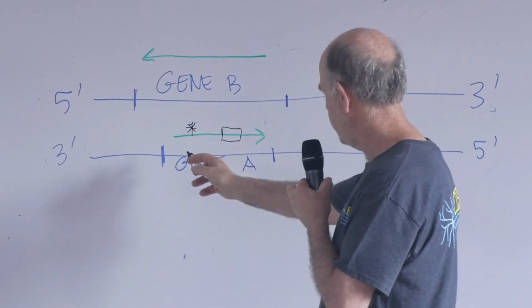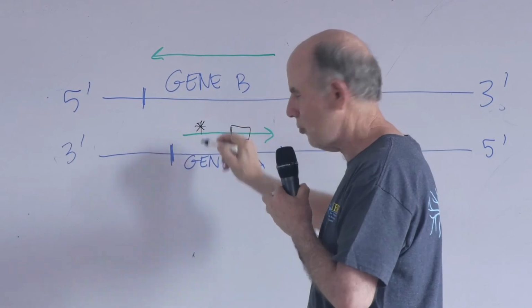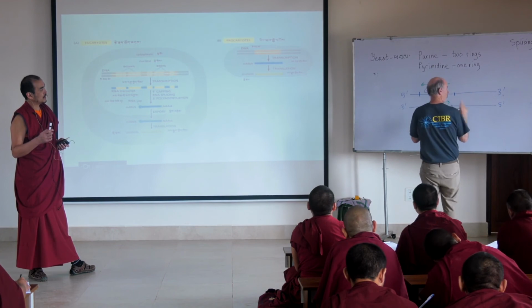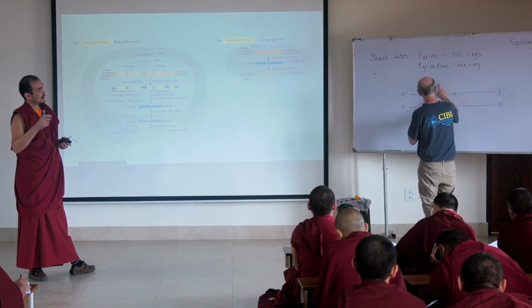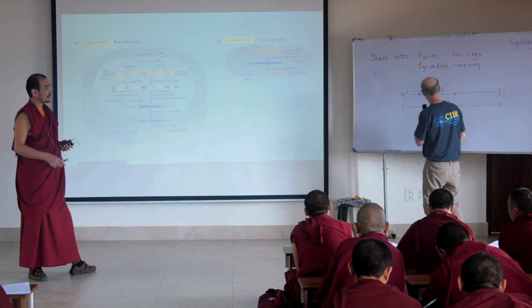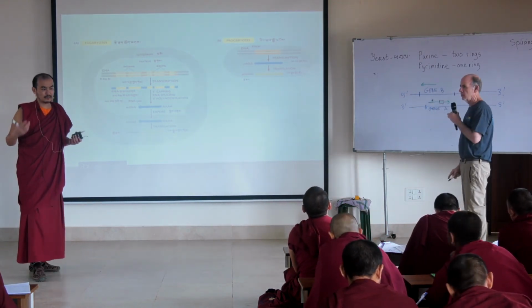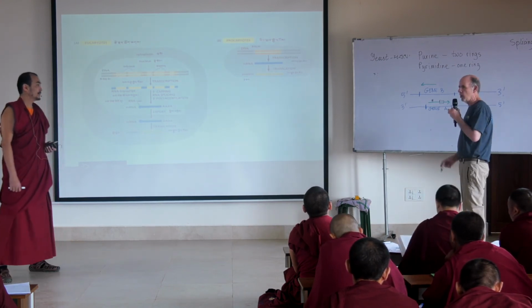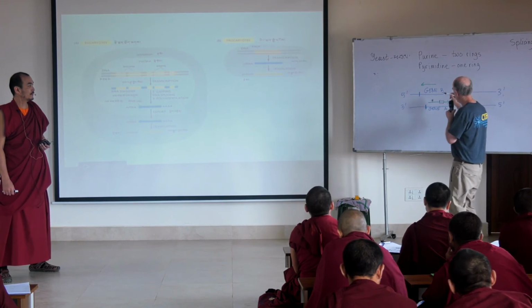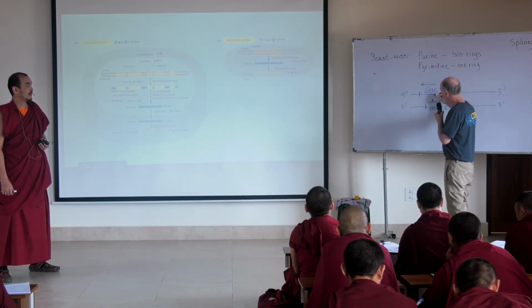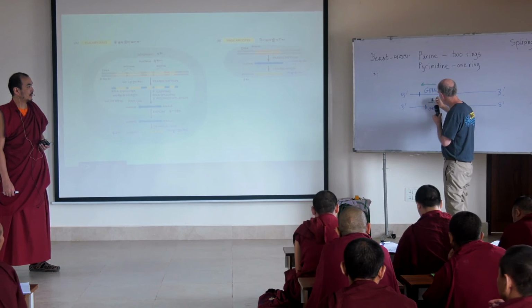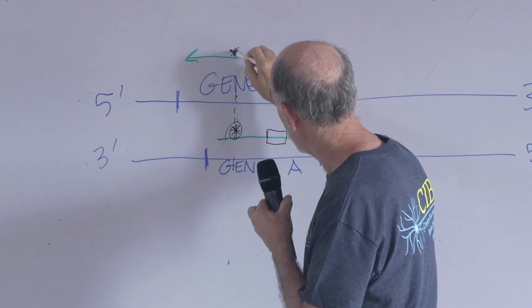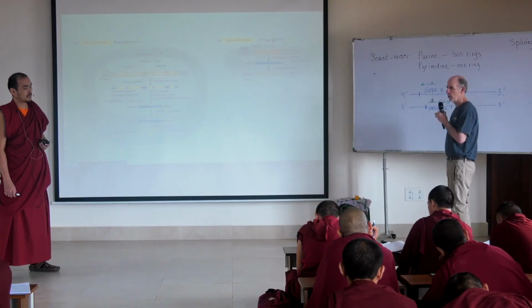No matter what he tried to study about gene A, this mutation didn't make any sense. Because what he didn't figure out for a long time was there was another gene just on the other strand that also involved this position. And this mutation changed that gene as well. And this was the important gene.